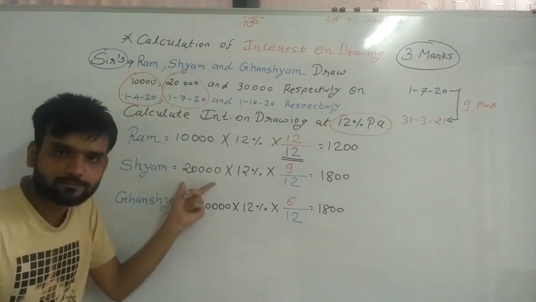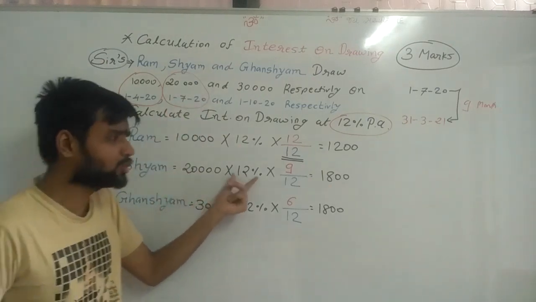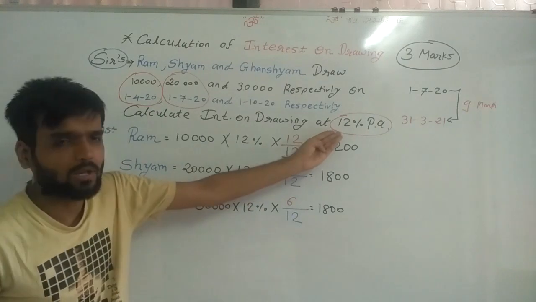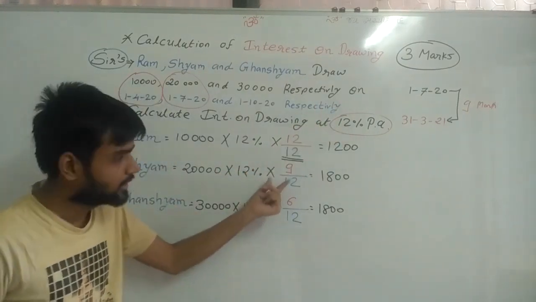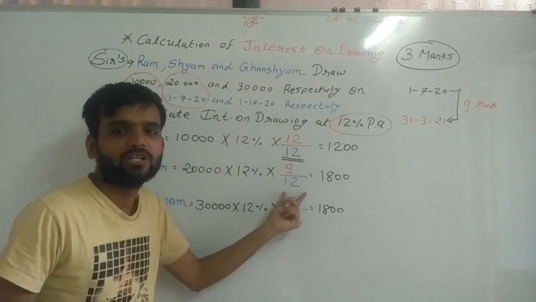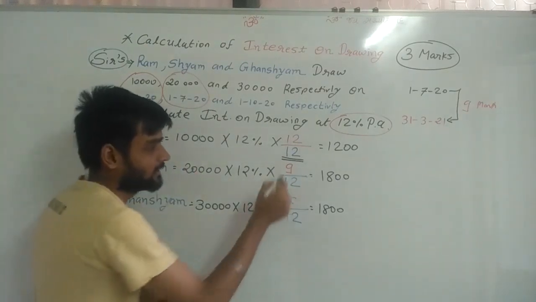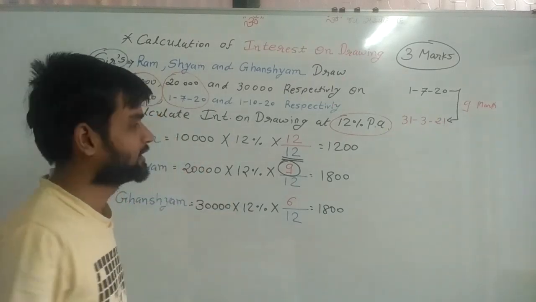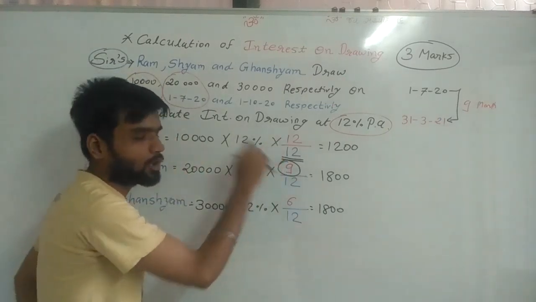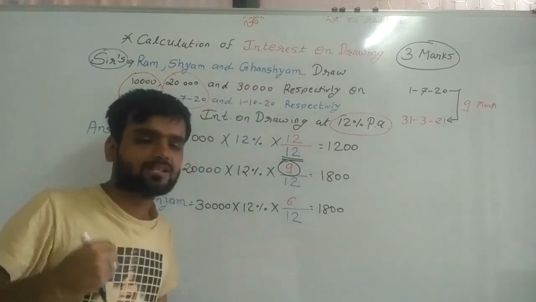So 20,000 into 12%, which is 12% per annum given, into 9 divided by 12. Now see here, the only change is 9. Earlier it was into 12 upon 12, because we needed to calculate 12-month interest.